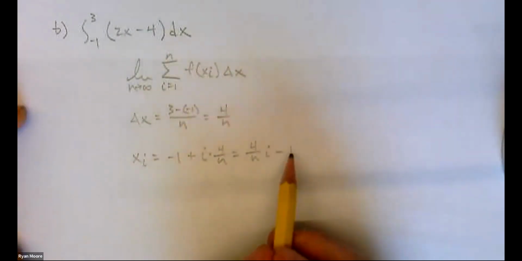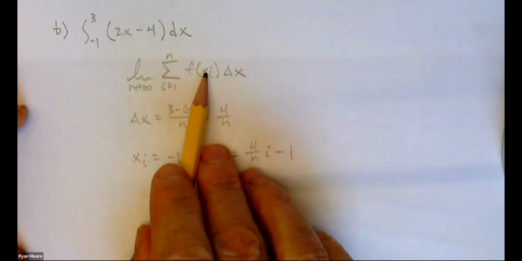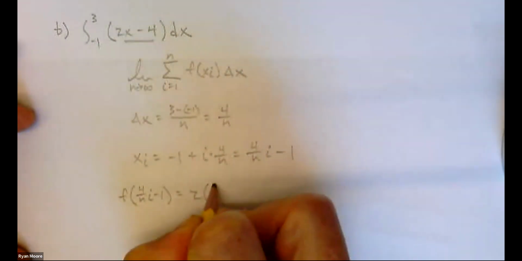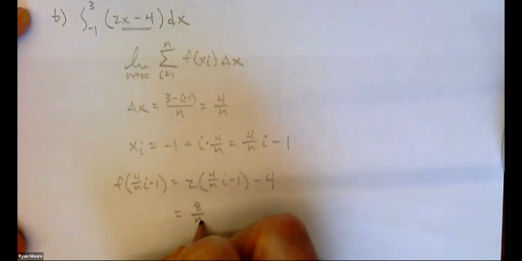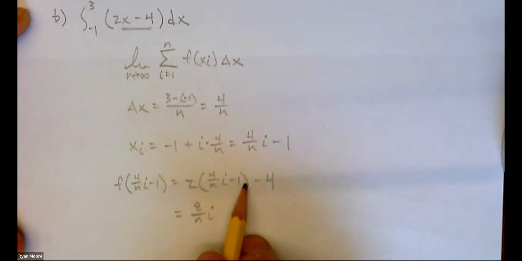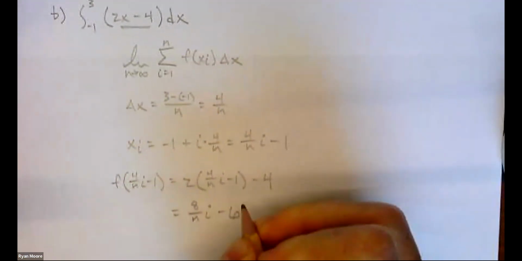Okay, now this we're going to plug into the function. There's our function right there. So f of 4i over n minus 1 is 2 times (4i over n minus 1) minus 4. What's that going to be? 8i over n minus 2 minus 4 is minus 6. So far, so good.